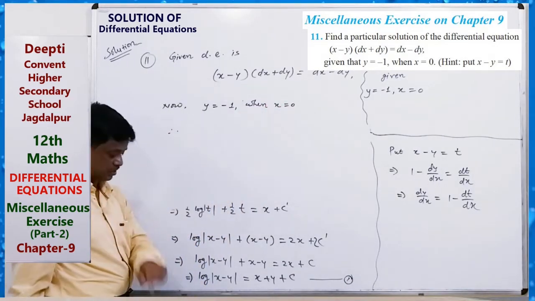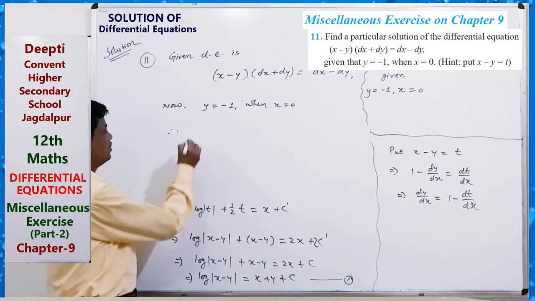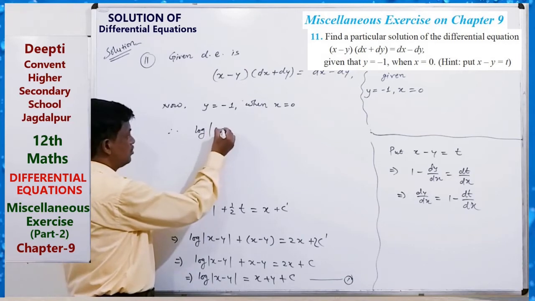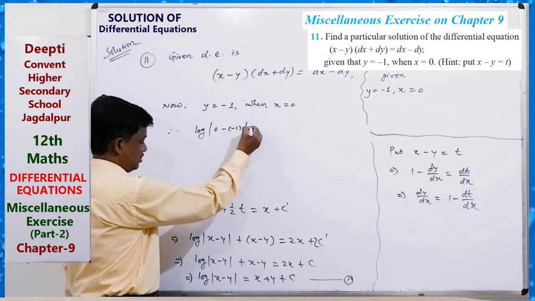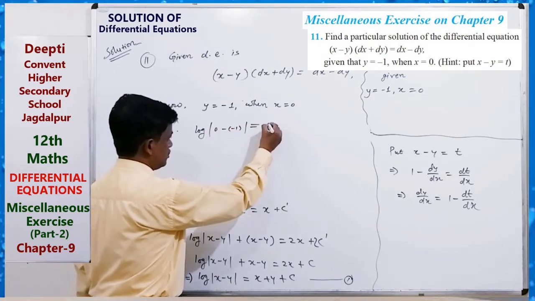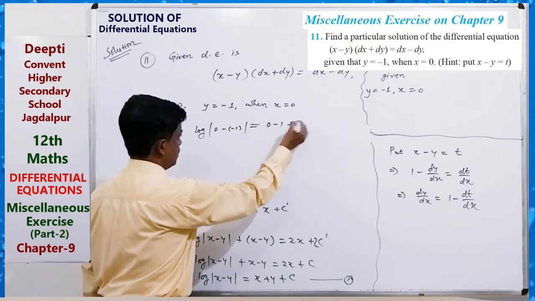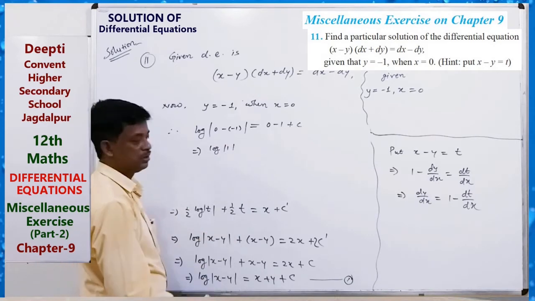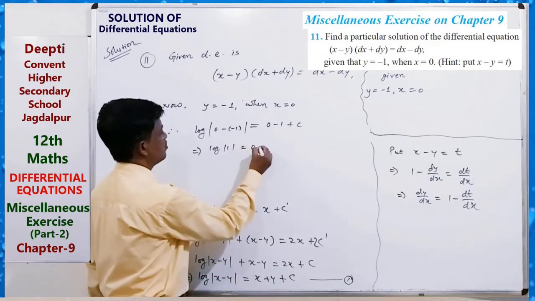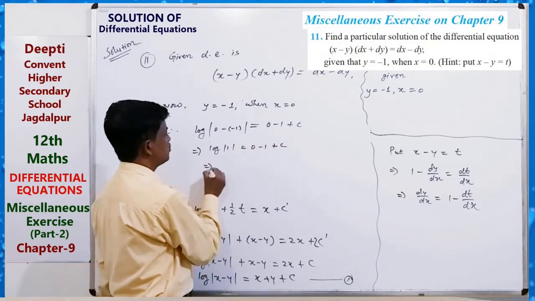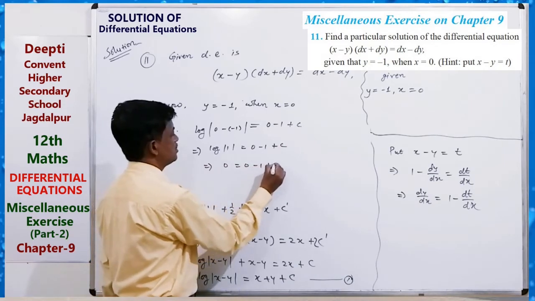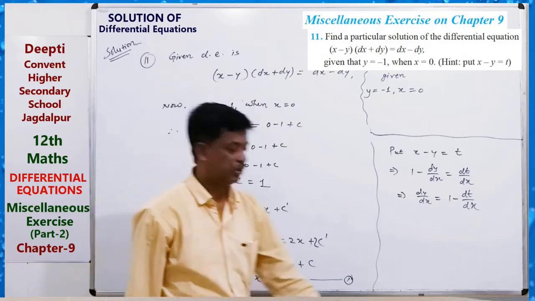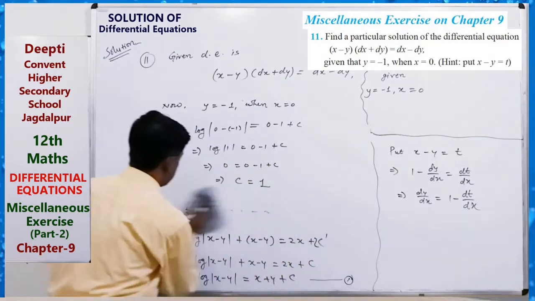Therefore log of mod (0 minus (minus 1)) equals to 0 minus 1 plus c, implies log 1 equals to 0 minus 1 plus c. Log 1 equals to 0, so 0 equals to 0 minus 1 plus c, implies c equals to 1, constant 1.